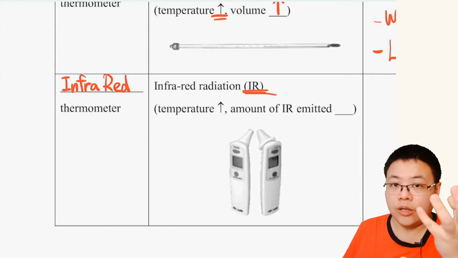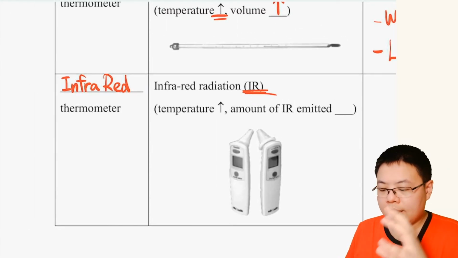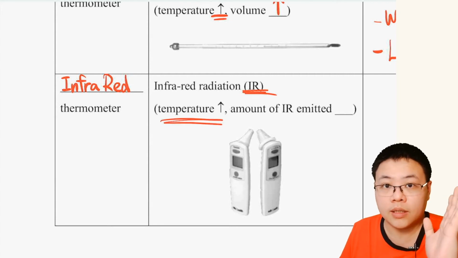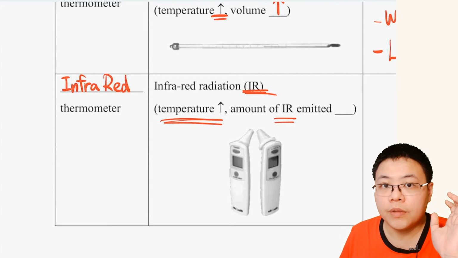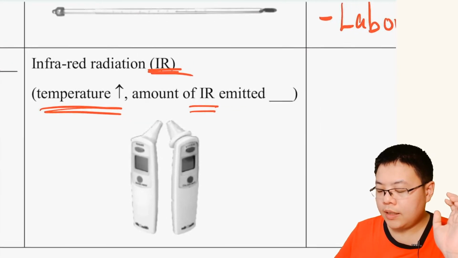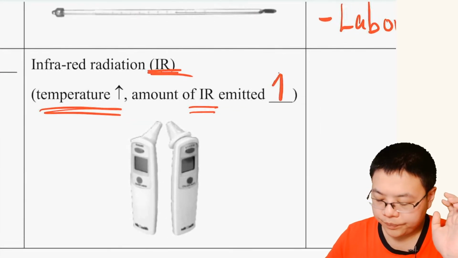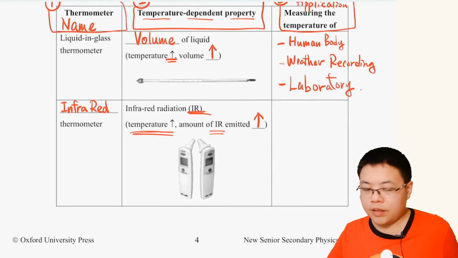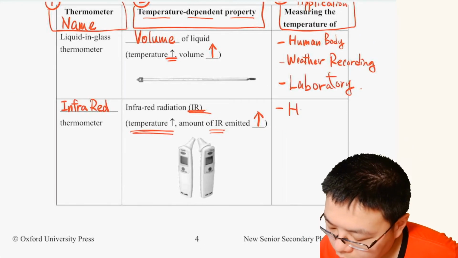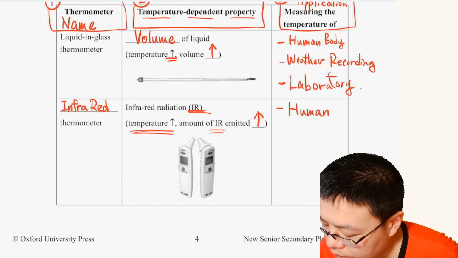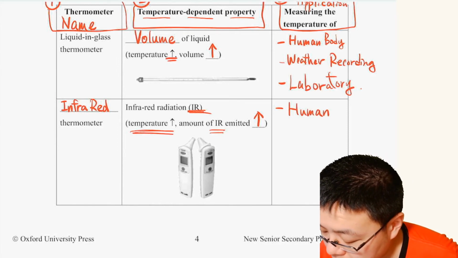And those technology make use of the fact that when something is hot, it will give out more infrared radiation. Okay, so it is very fast, and it is a very good measure to use for human body temperature measuring.